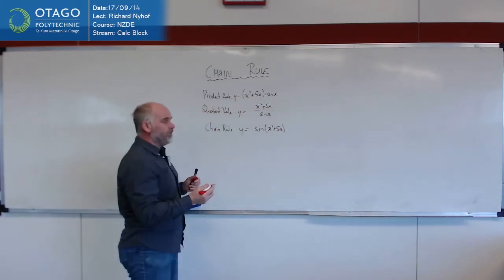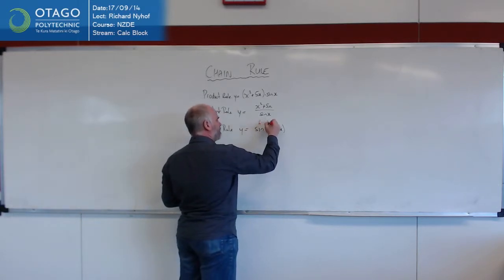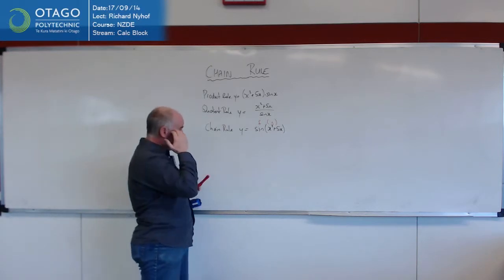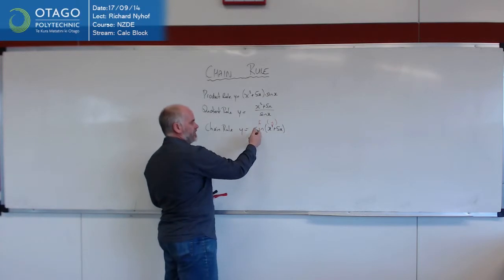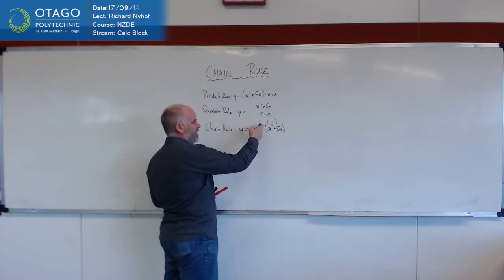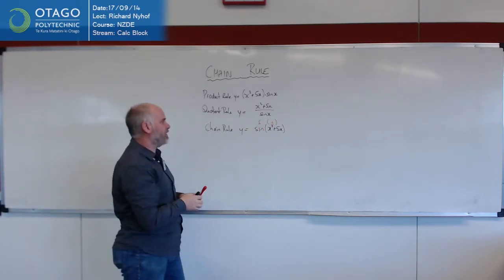We need to think about what our two functions are. We talk about it as F of G. In my head, I always think of outside and inside, which is really helpful. F is the outside function, and G is the inside function. So we have F of G, or F operating on G, whichever way you like to think of it.